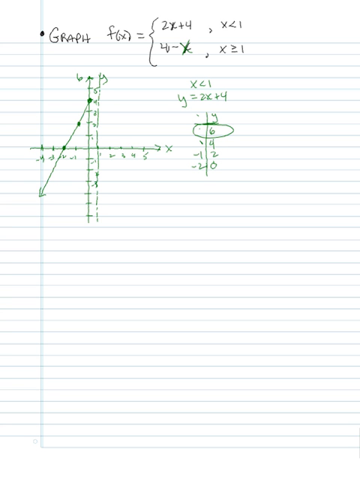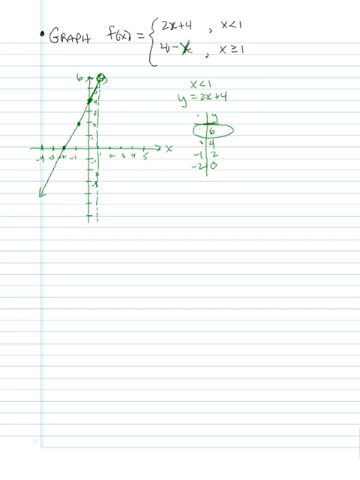So if I were allowed to use 1 for x, my y value would be 6, and that would be this position on the graph. But since that x value is not allowed, since 1's not allowed, that point's not really on this part of the graph. But right up to that point is on the graph. So I'd have an open dot on that part of the line.